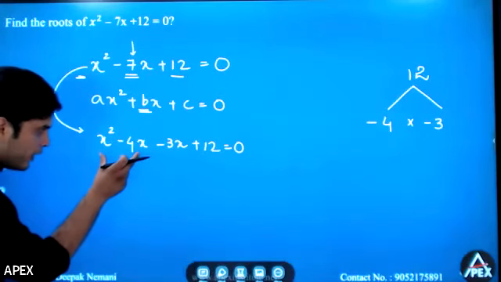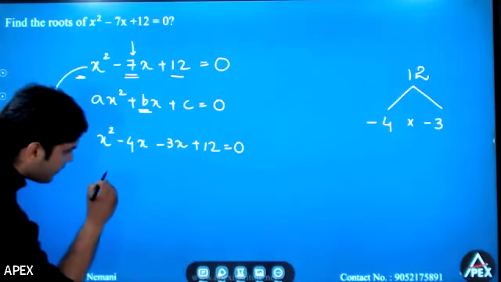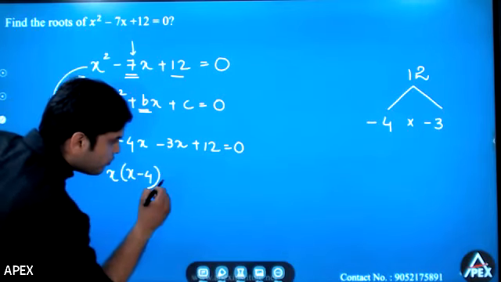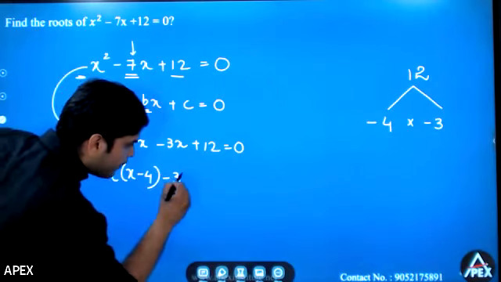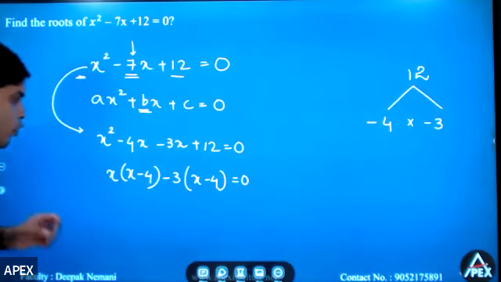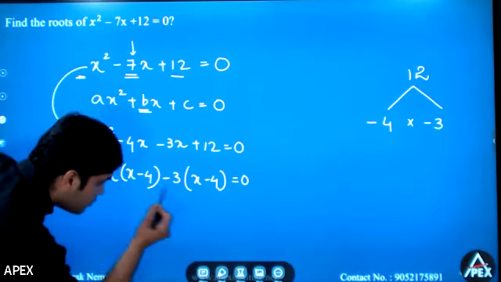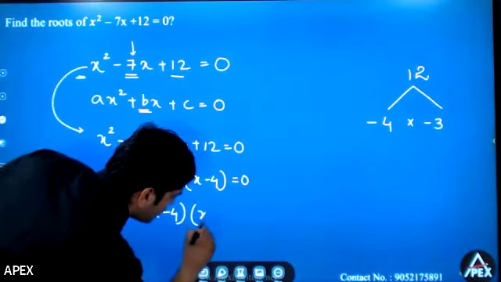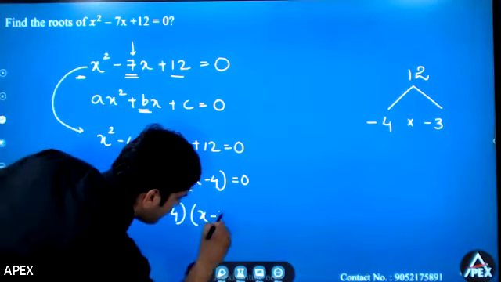Okay, so what can I take common in these two terms? x. So x into x minus 4. In these two terms, I can take minus 3 common. x minus 4 is equal to 0. Okay, now in these two terms, I can take x minus 4 common. So I can rewrite this equation as x minus 4 into x minus 3 is equal to 0.